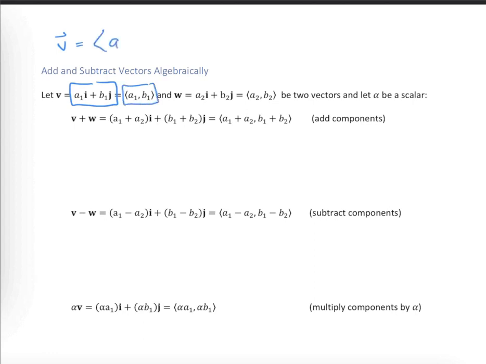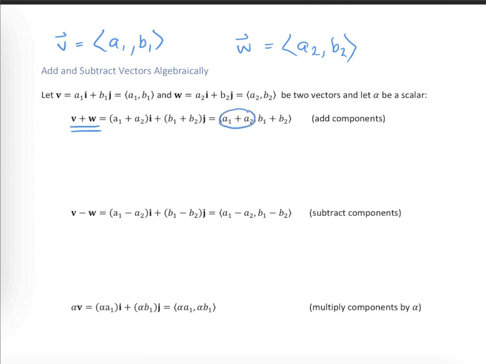I'm going to go ahead and pick up the position vector format of vector v and the position vector format of vector w. And so if we wanted to algebraically come up with the resultant vector instead of using the graphical method, we can add these two vectors together by simply adding the components.